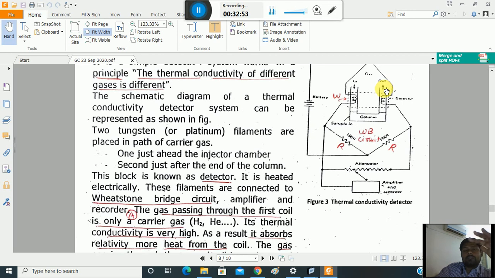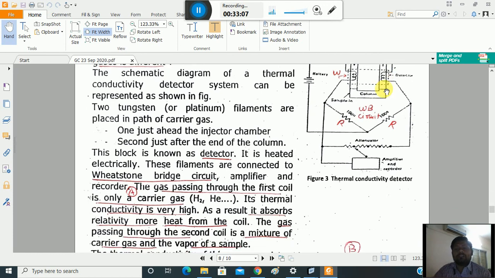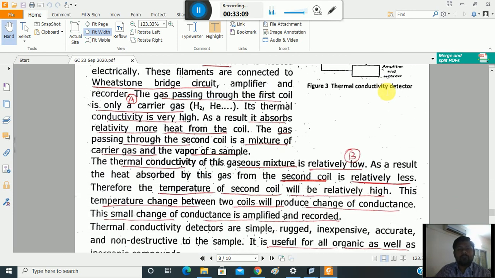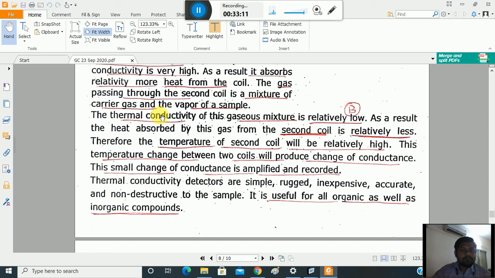That means there is a difference in temperature when you pass pure gas and the mixture of gas: pure gas 20 degrees, mixture of gas 50 degrees. When you subtract them from each other, you can easily find out the amount of the mixture. The temperature of the second coil will be relatively high.